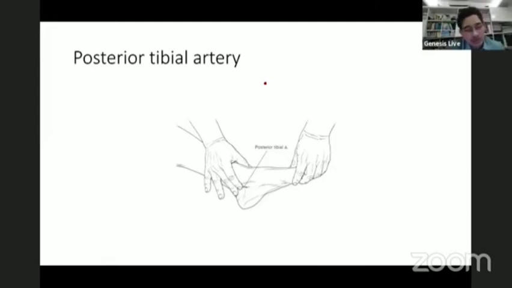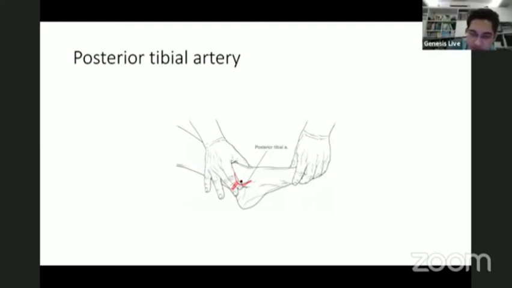The posterior tibial artery. Where is it? First, you have to invert the foot a bit to relax the flexor retinaculum over here. The flexor retinaculum is somewhere over here. Relax it and then palpate for the posterior tibial artery.